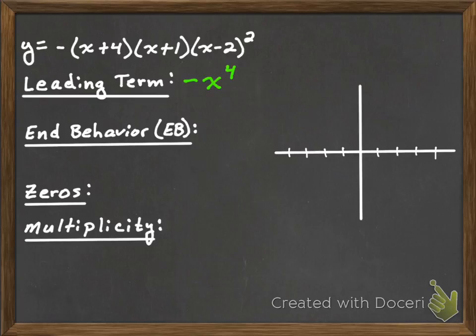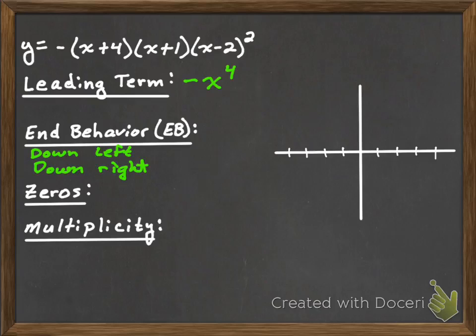Now, because you have x to the 4th power, our end behavior is going to go in the same direction. Because the leading term is also negative, you're both going to go down to the left and down to the right.